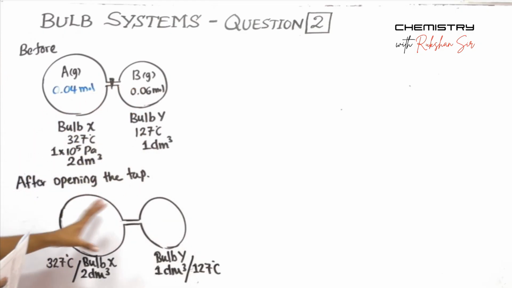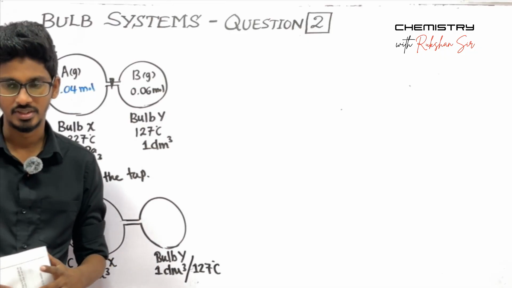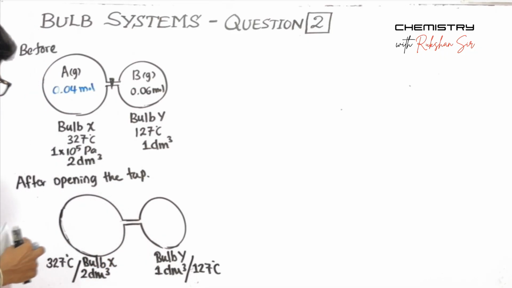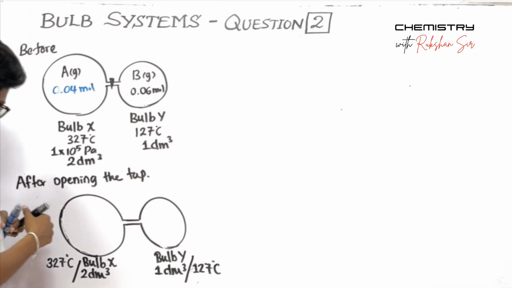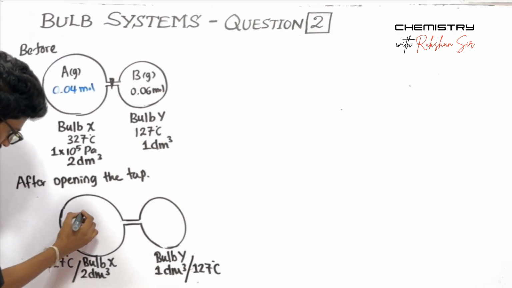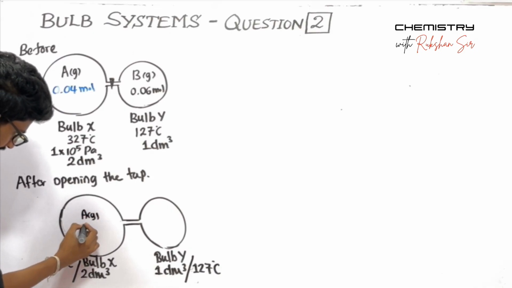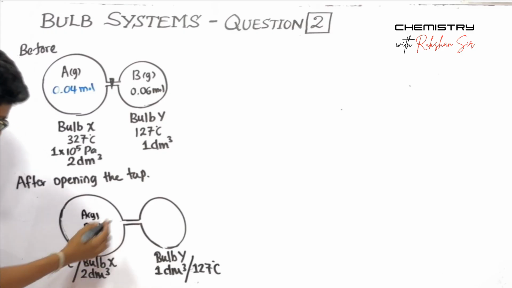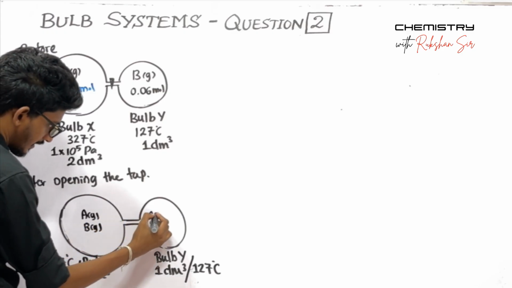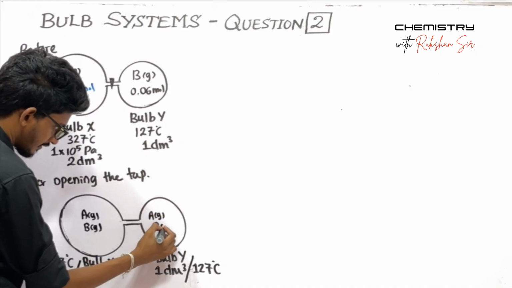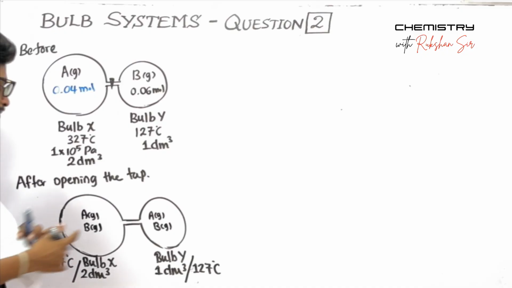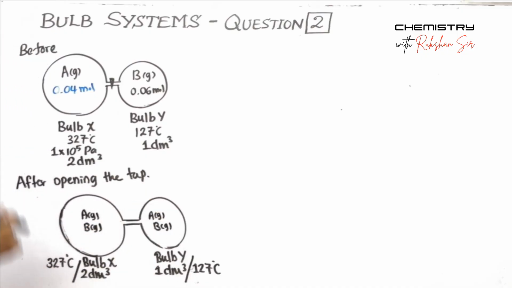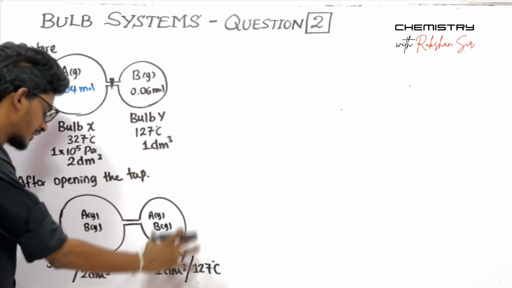So that you get a homogeneous system ultimately. Homogeneous mixture ultimately, so you will have A gas as well as B gas here. In this bulb also you will have A gas as well as B gas. So it will be a homogeneous mixture throughout the whole system.